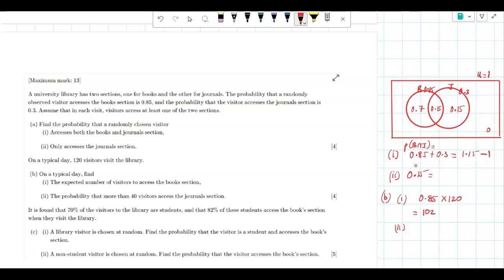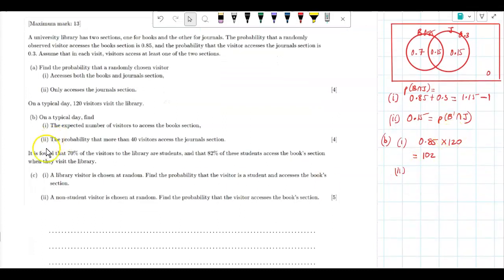Only journal: probability of not book and journal. Expected day, you don't have anything, that's expected. What does the dash stand for? Not book and journal. What is U? Union. Union means or, and ∩ is intersection.